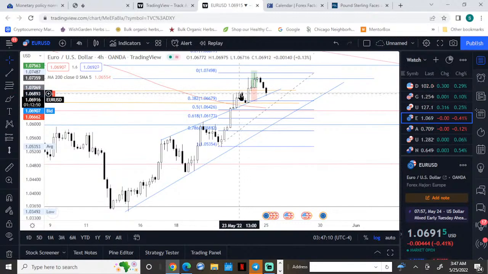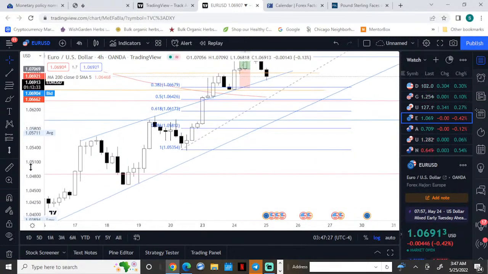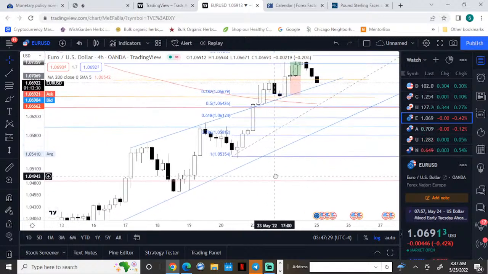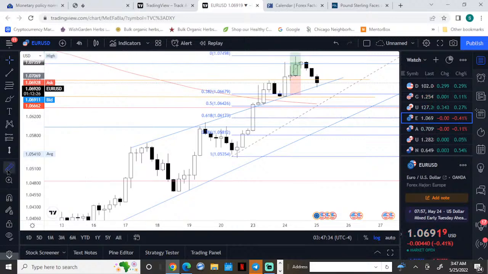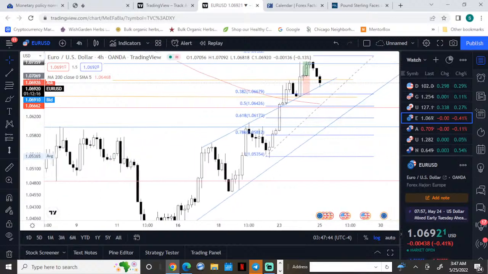I technically needed one more candle for myself personally to have counted this as another structure point. But then again, it was a significant pullback. It was 30 pips. So let's go over that again.